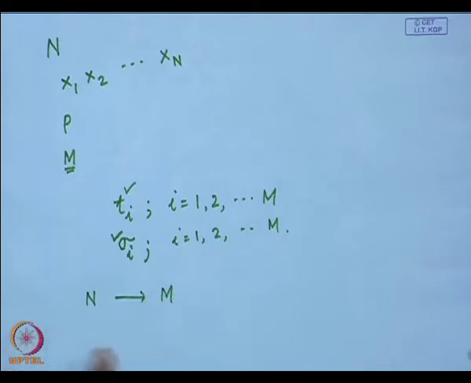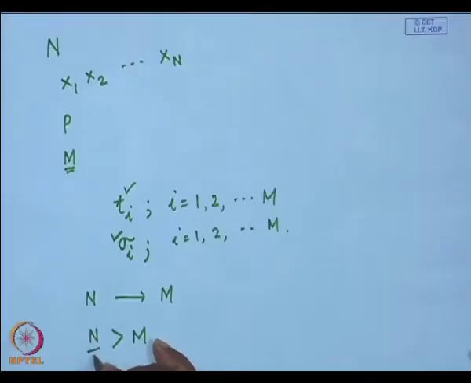It is understood that N has to be greater than M. If the number of training samples is less than the number of clusters to be formed, it is not possible, because even if in a single cluster there is only one feature vector, at the most I can have N number of clusters.